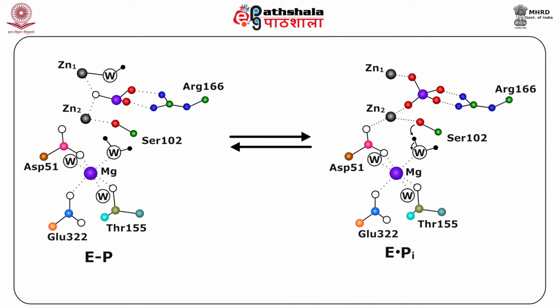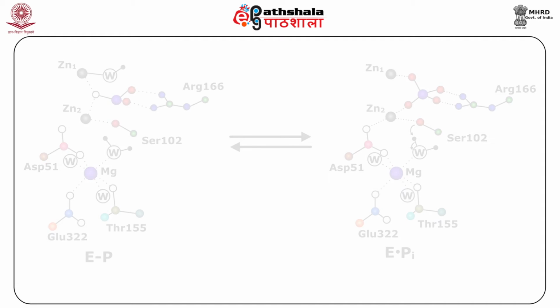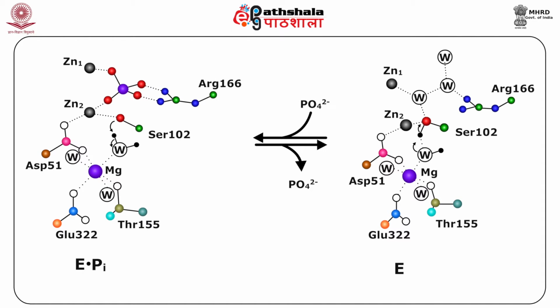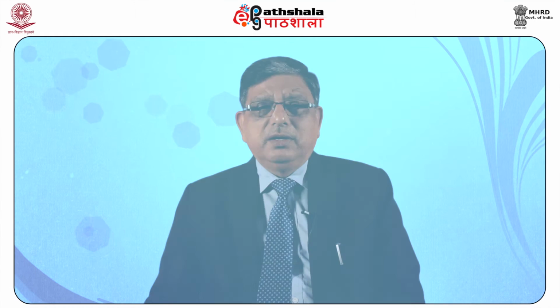This is followed by the attack on the phosphorus in EP by the nucleophilic hydroxide ion coordinated to zinc 1, resulting in the formation of the non-covalent enzyme phosphate complex E.Pi. A second inversion of configuration occurs at the phosphorus center. The water molecule coordinated to magnesium now acts as a general acid, donating a proton to serine 102.